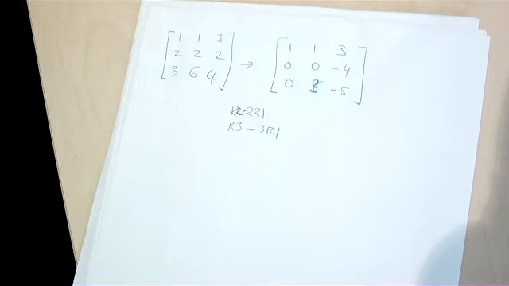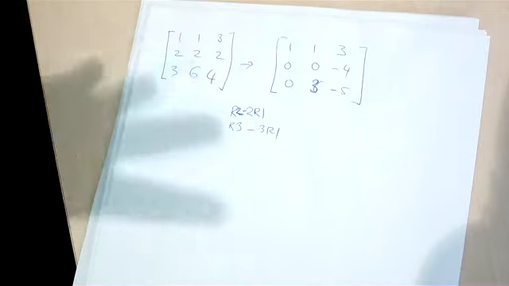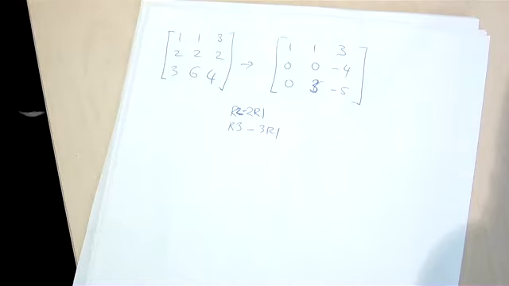Because this row is a multiple of this row, so the determinant is equal to 0. So this theorem says that if all the principal submatrices are non-singular, then you have the LU factorization. So now we have this theorem, and we can say that this matrix doesn't have the LU factorization.